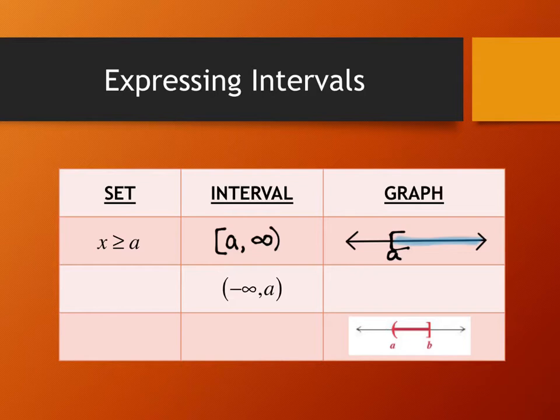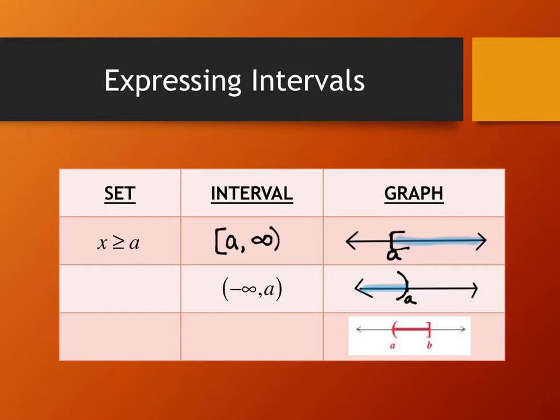Now, let's go from the interval notation here and do the graph. On this one, we have an A again. The difference here is that the A is the ending point, so that's a parenthesis opening like this to match the interval, and the shading will go to the left.